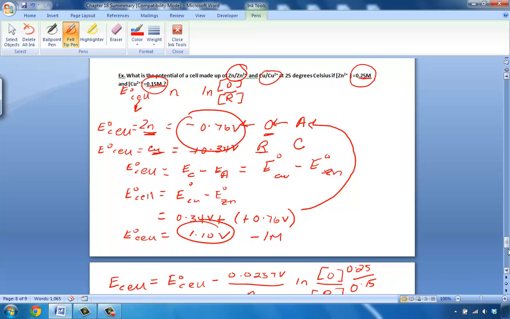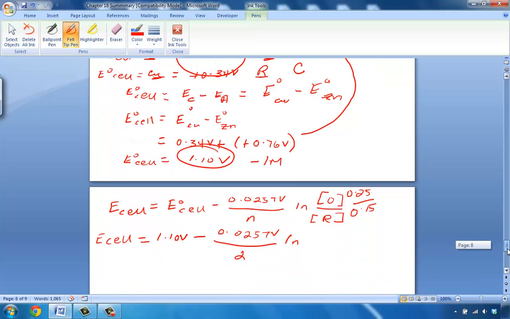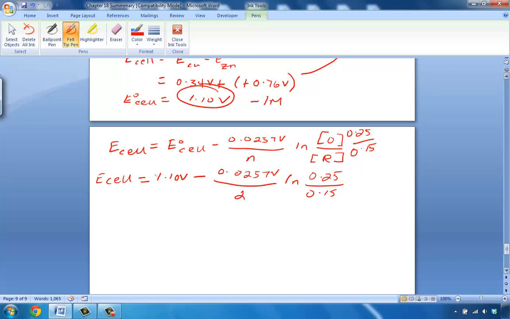Alright, just to show you where that's coming from, the natural log of the ratio of 0.25 to 0.15 molar, molarities canceled. Let's start simplifying here. 0.25 divided by 0.15 is actually 1.67.